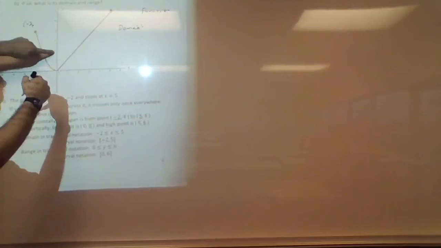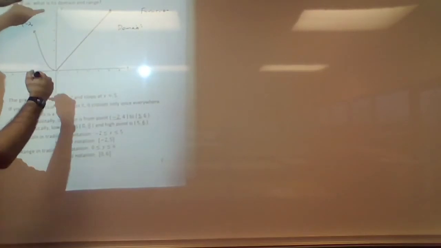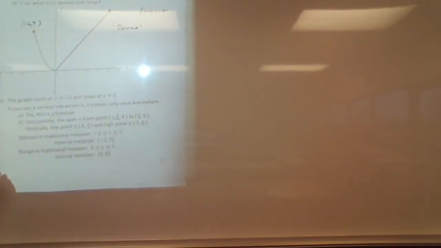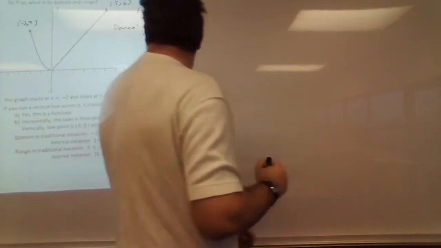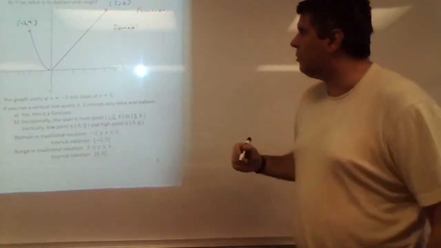So this point is -2, 4. And this is 2, 3, 4, 5. This is 5, 6. Okay? So the domain goes from x equals -2 to x equals 5.